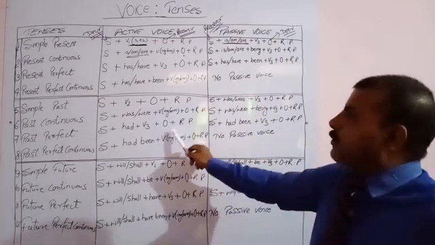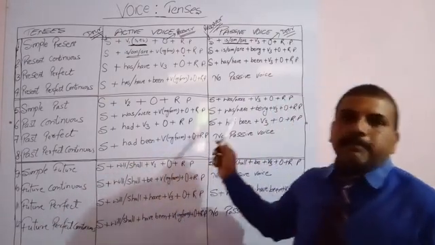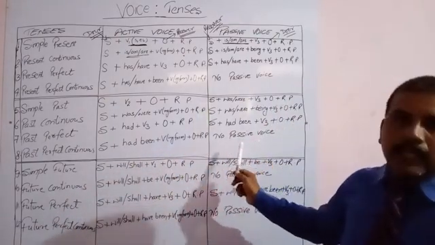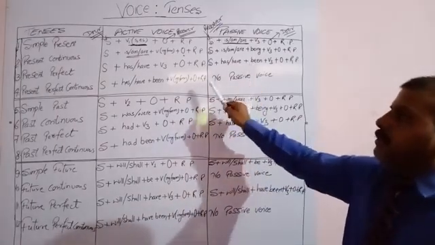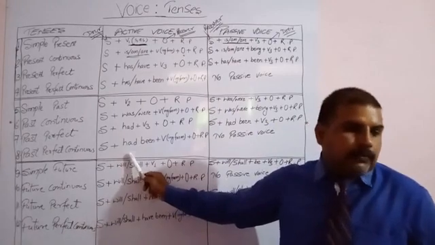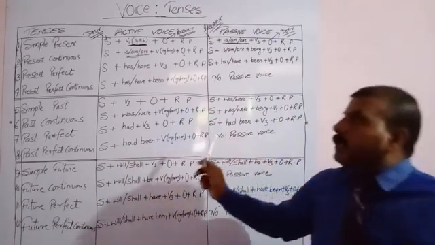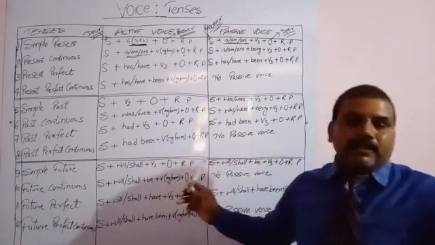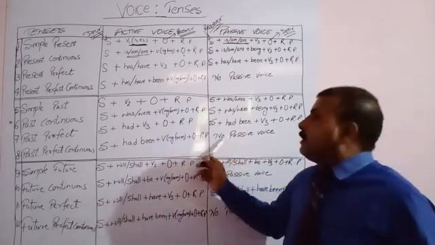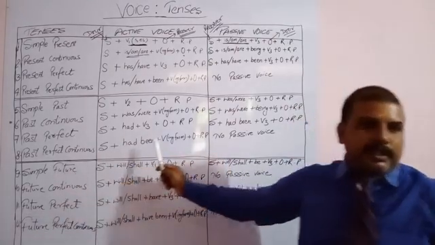Likewise, as in the present perfect continuous tense in passive voice, in past perfect continuous we write no passive voice. Clear? It means in the general case there is no passive voice in past perfect continuous tense.